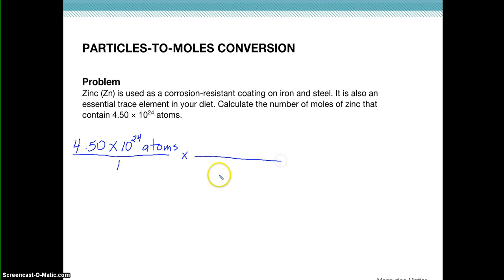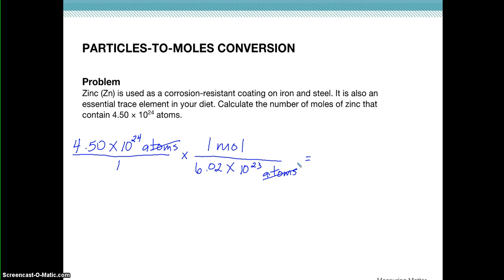Now we need to figure out our conversion factor. We're trying to find moles, so it goes on the top. 1 mole is equal to 6.02 times 10 to the 23rd atoms. So our atoms cancel. We divide by Avogadro's number, and in your calculator, you're going to get something that says 7.47508 blah, blah, blah, right?